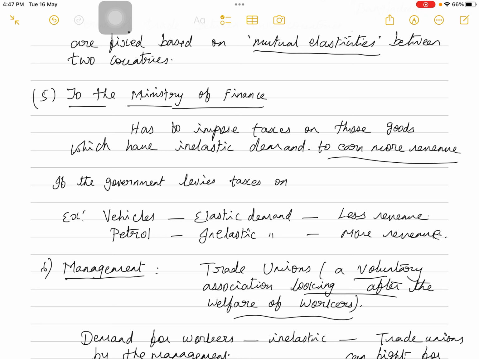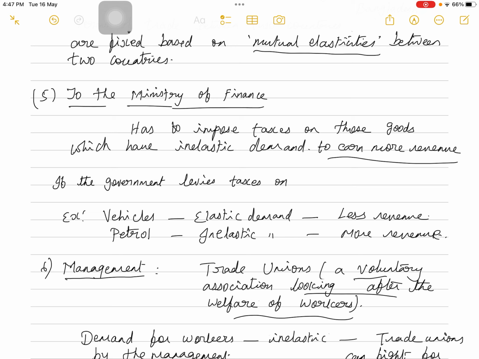The price will increase. If the commodity has elastic demand and the government imposes taxes on it, the prices will increase, so the consumers will stop purchasing. So the government will not get the required amount of revenue.